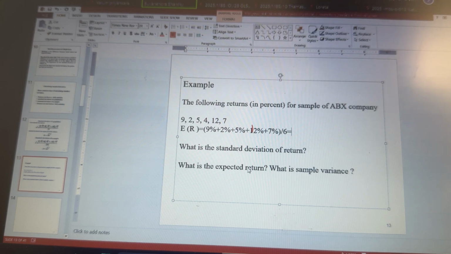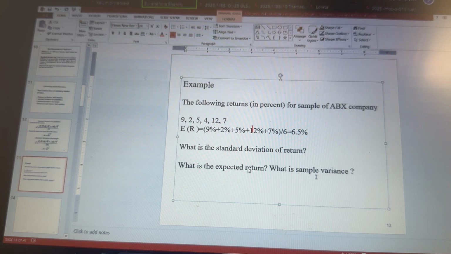The summation becomes 39, and 39 divided by 6 is 6.5 percent. This is our expected return.